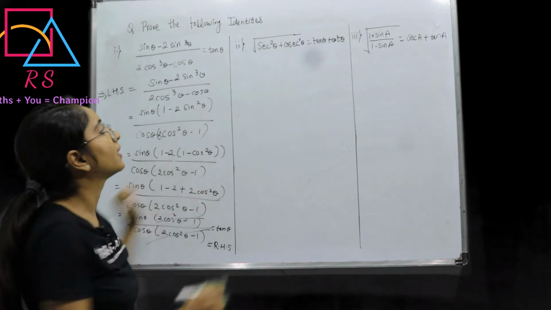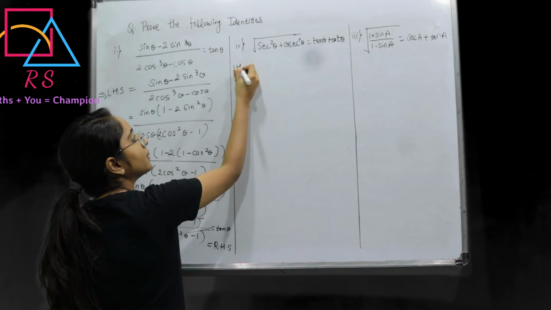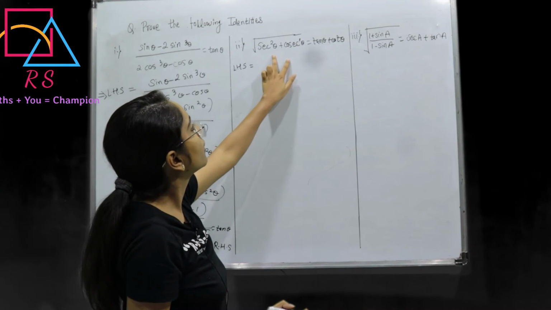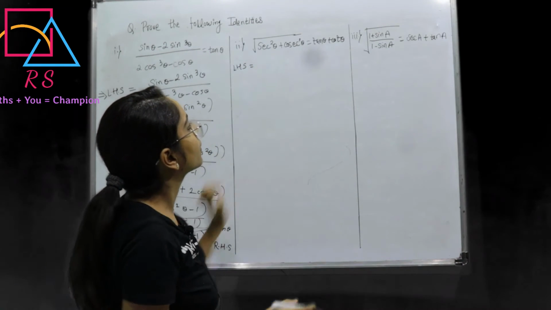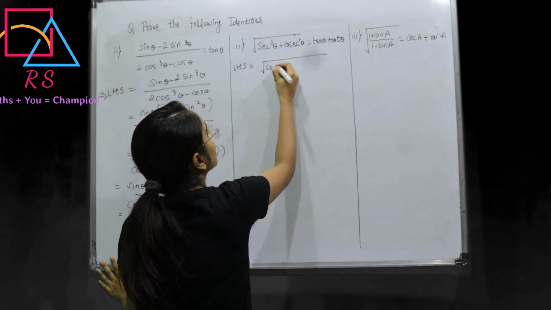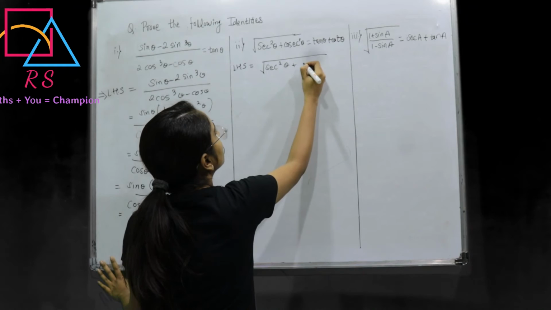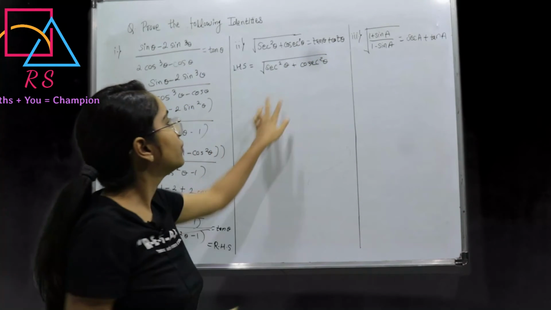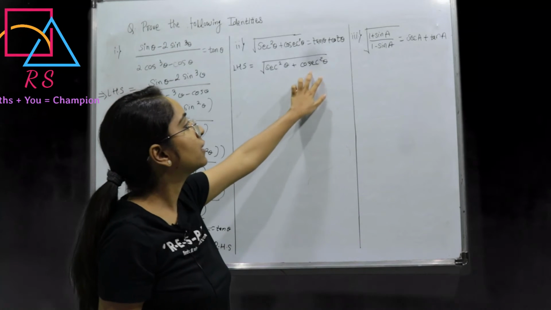Now we will consider the second question. We will consider again the left hand side. Here square root of sec square theta plus cosec square theta, we have to prove it is equal to tan theta plus cot theta. Here I will use the identities for sec square theta and cosec square theta.